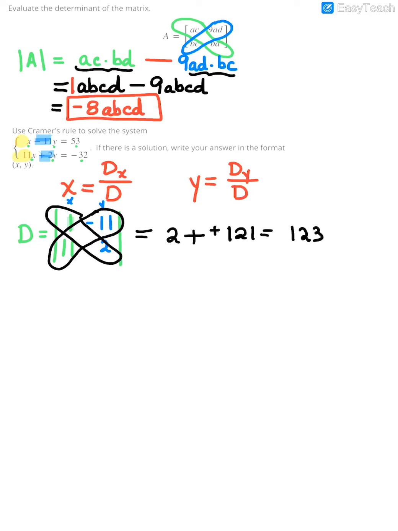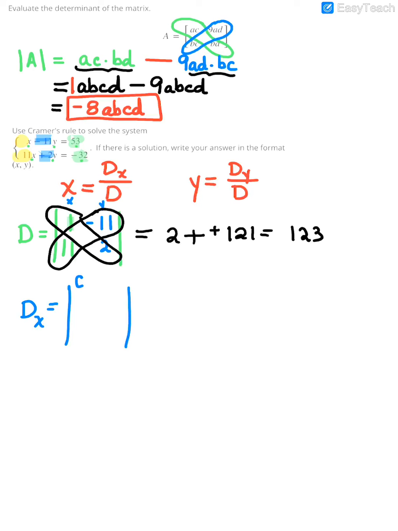Now, when we go in to figure out the determinant with respect to x, so that we can evaluate the value for x, what we're going to do is put our constants in place of the x coefficients. So when I look at my particular system, once again, you will notice that my constants are 53 and negative 32.